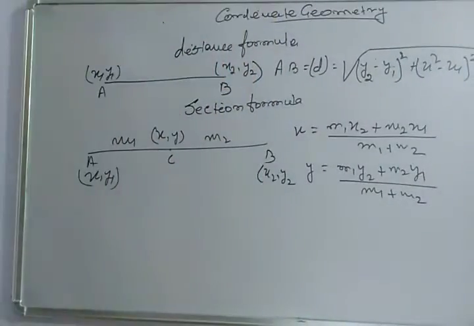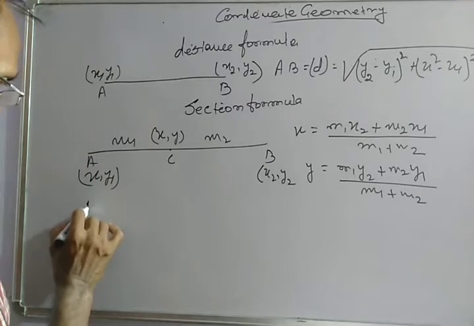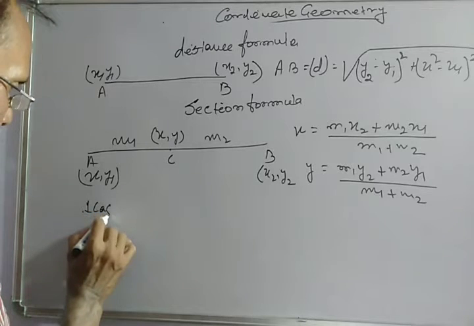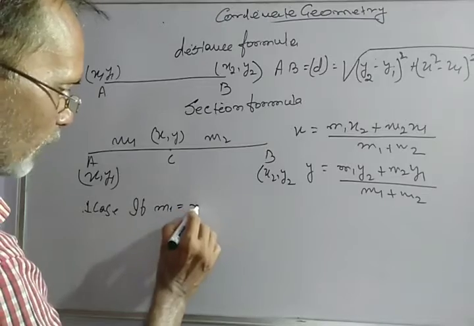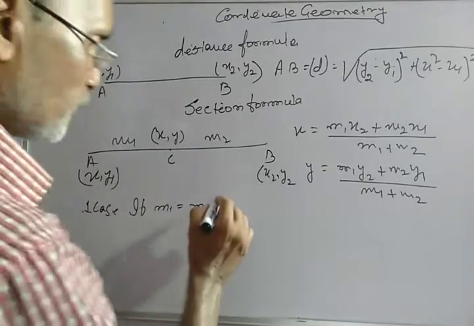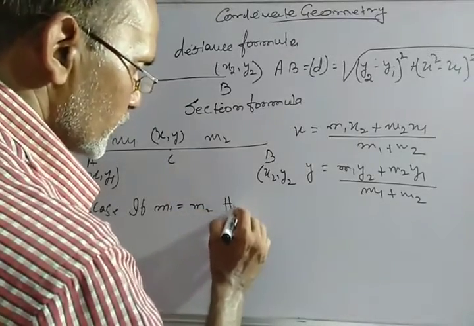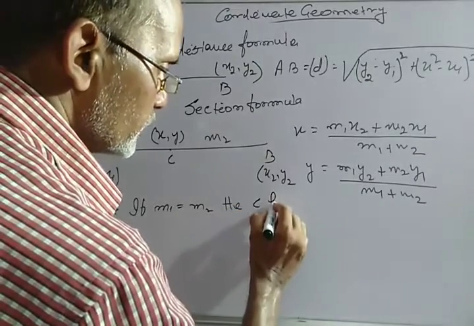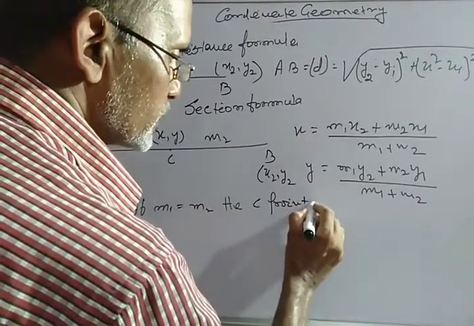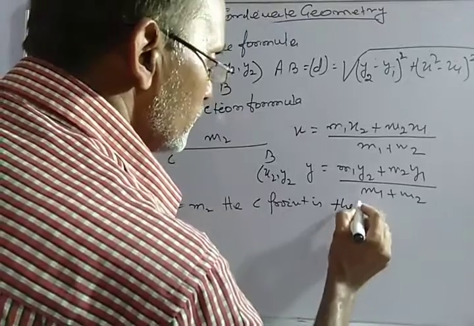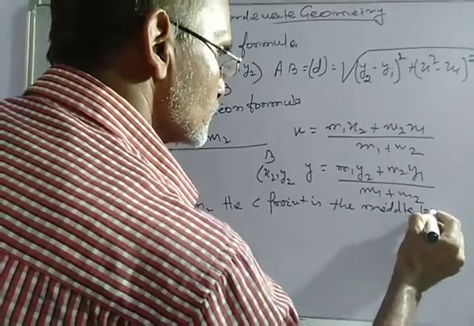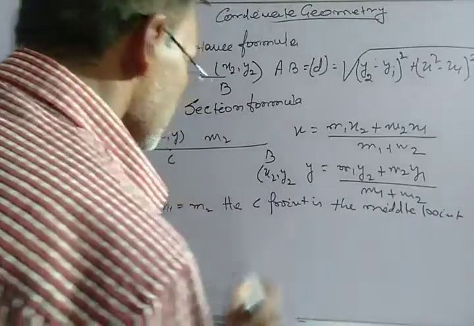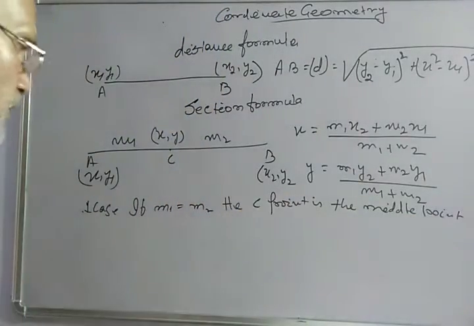But one case arises. The first case is if m1 is equal to m2. That means the point C is the middle point.